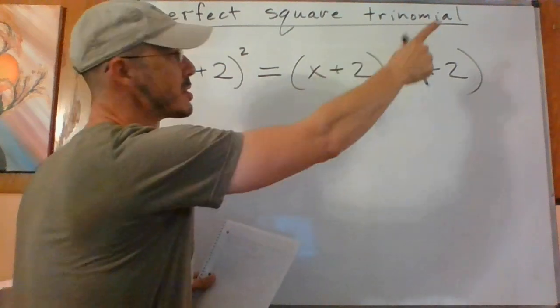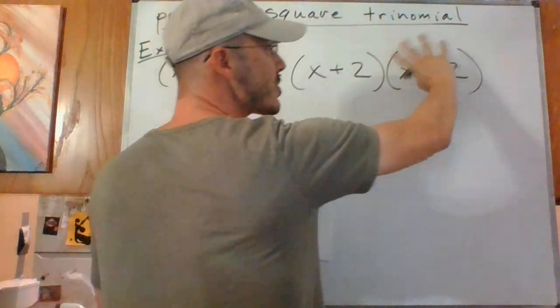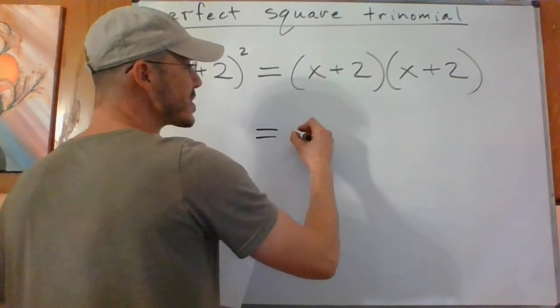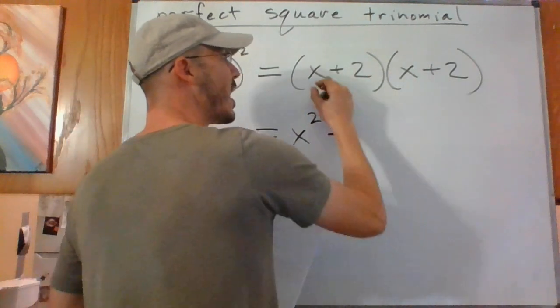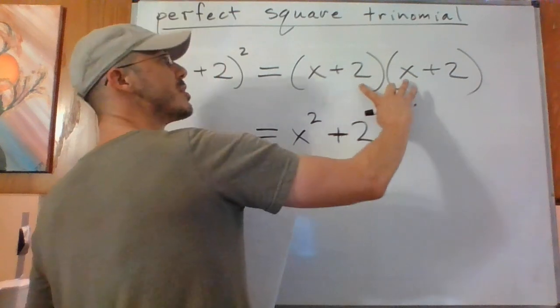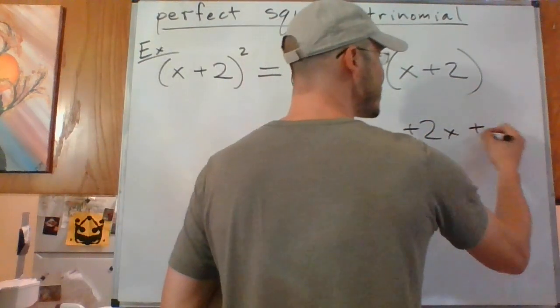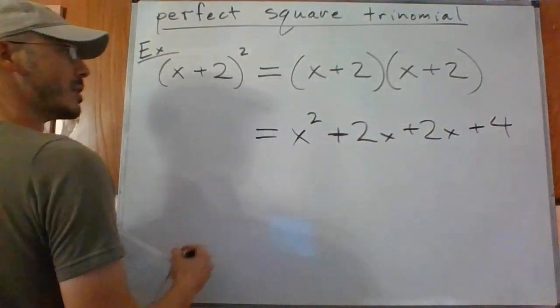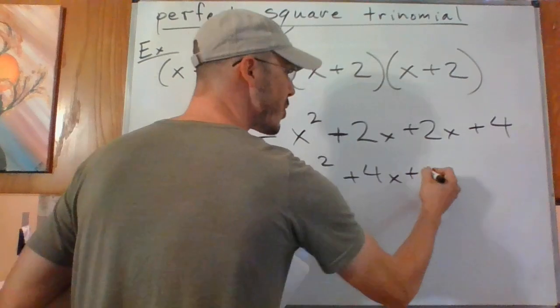It's not the pieces times the other; it's all the pieces of this times each of the pieces of this. Firsts gives me x times x, or x squared. Outers gives me x times 2, or 2x. Inners gives me another 2x. And the lasts give me 2 times 2, which is 4. Then combining like terms, x squared plus 4x plus 4.